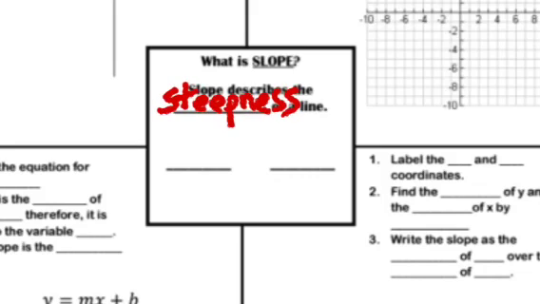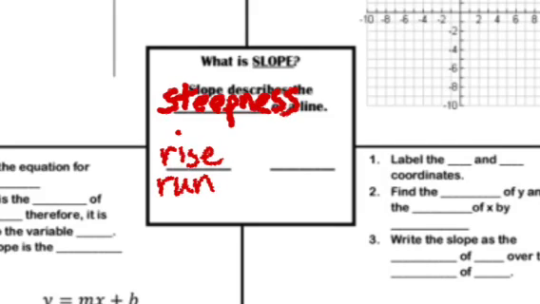Alrighty. So one way we are going to recognize slope is how much do you rise over how much do you run. That kind of relates to the graph. How many blocks do you go up to how many do you go over?